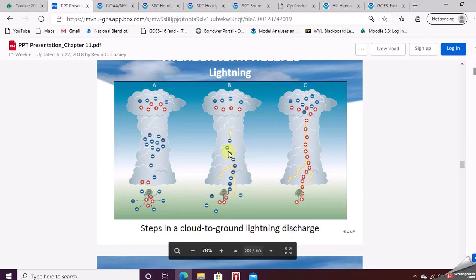You get negative charge coming down towards the ground, try to hit the ground, and eventually a whole big positive charge going back up into the cloud on cloud-to-ground lightning. So that's how your lightning forms. Because graupel and ice crystals change their charge with height, with temperatures, and with the tremendous updraft to pull them apart and separate them, you wind up with very different charges in different parts of the storm.